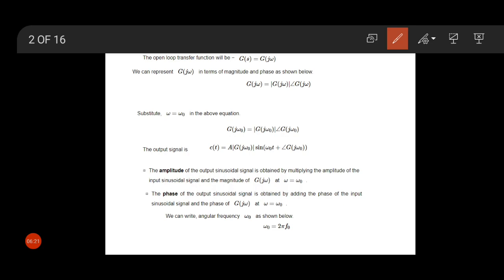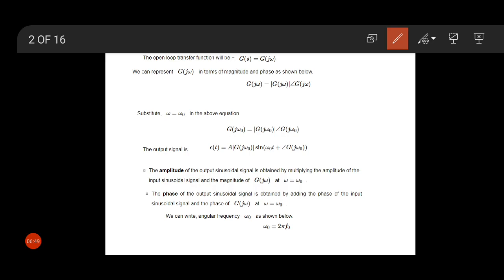Now, if we represent c(t), the output signal, how will we get it? If we give a signal to the input of the system, then according to the system characteristics the amplitude is going to vary and the phase is going to vary.